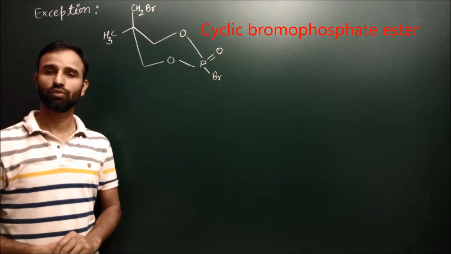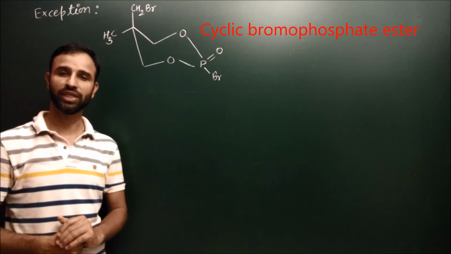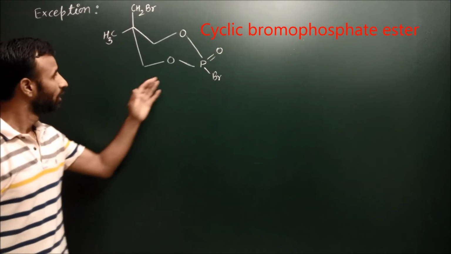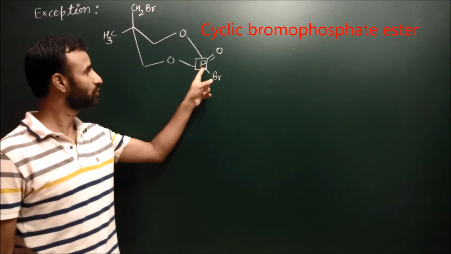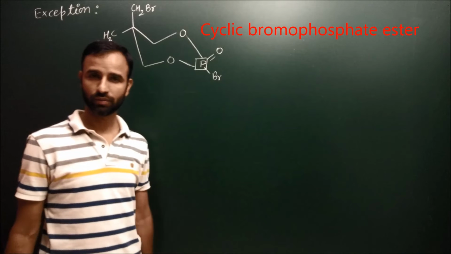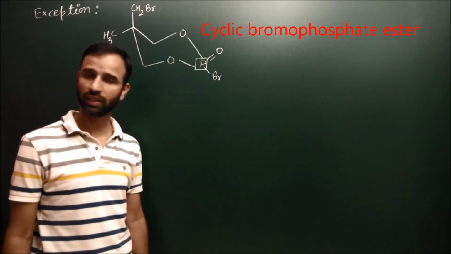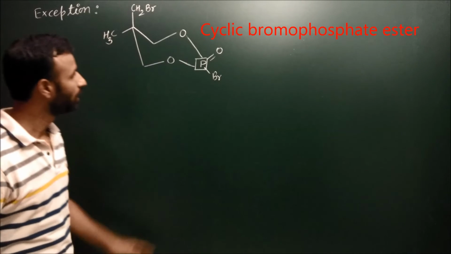This example is given in Inorganic Chemistry by J.E. Huheey. See, this phosphorus forms 4 sigma bonds and 1 pi bond. So phosphorus is approximately sp3 hybridized.